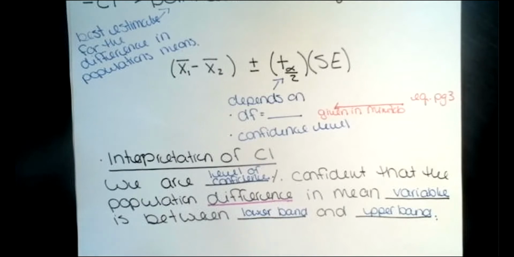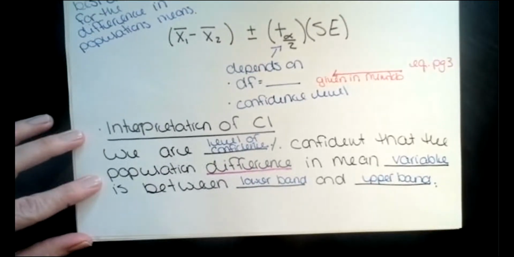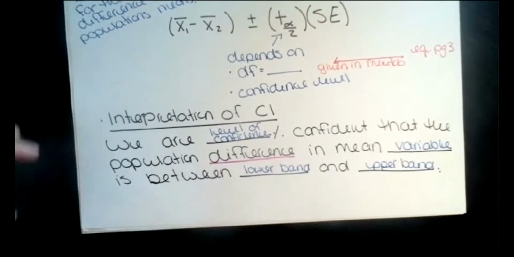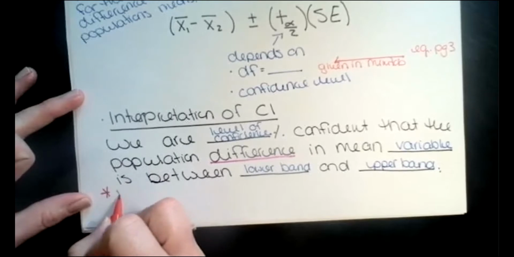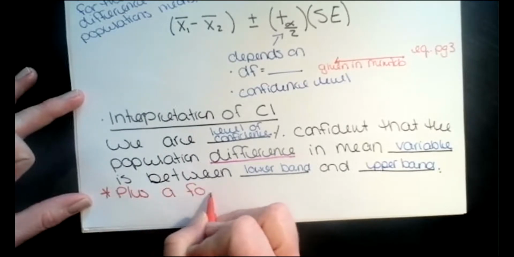And if you remember from categorical data, when we looked at the difference between two populations, we had a follow-up, right? So I'm going to say plus a follow-up statement.